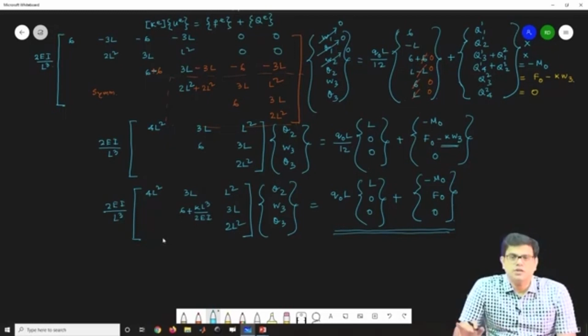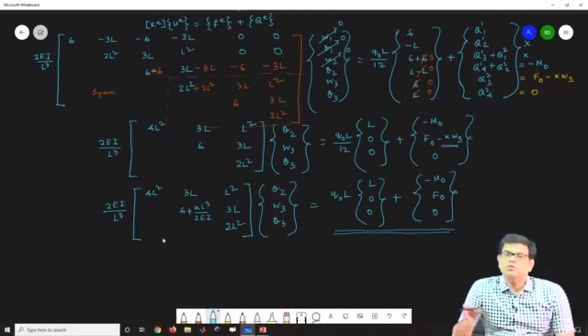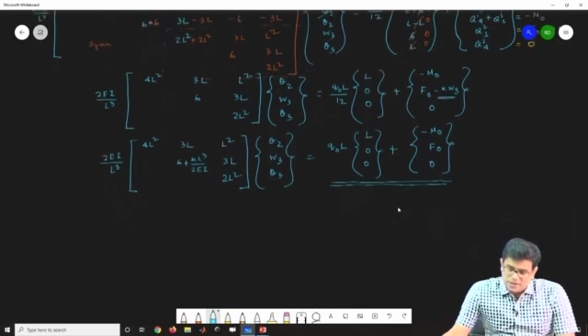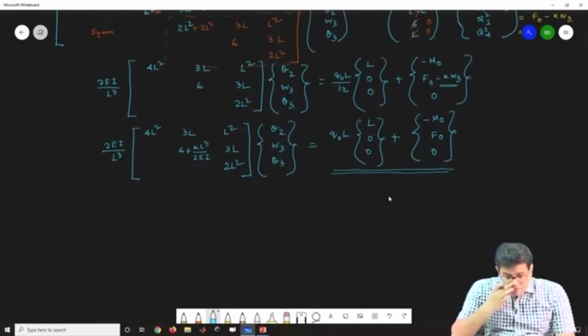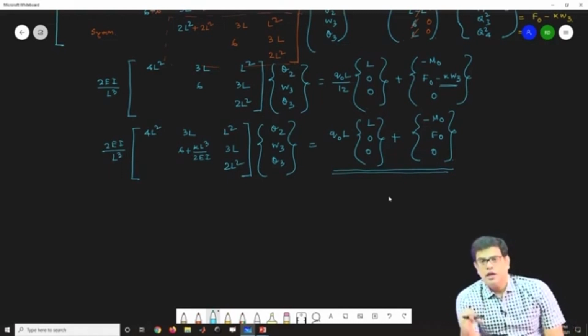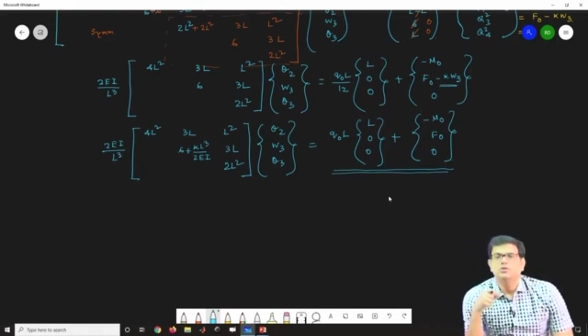So it is just a linear solve. So you can solve theta 2, W3 and theta 3 to find out the two rotations and displacement. Now if you have some numerical values, you can substitute and do that, or even analytically also you can solve that. So I am just skipping that part because that part is very easy.